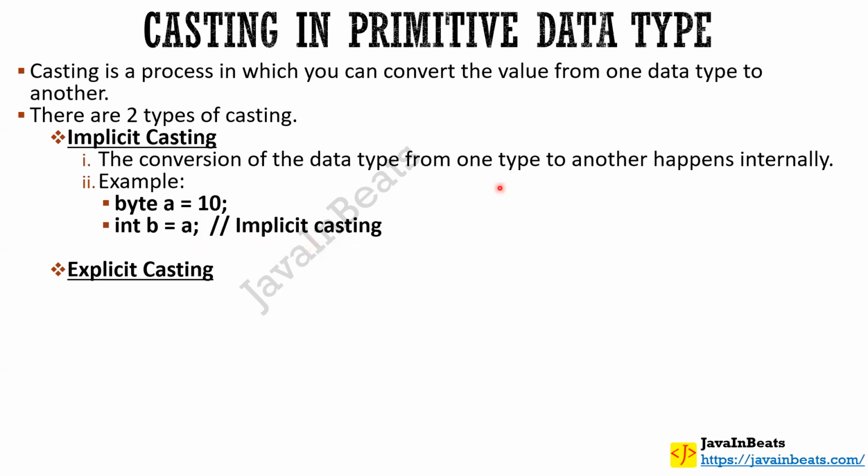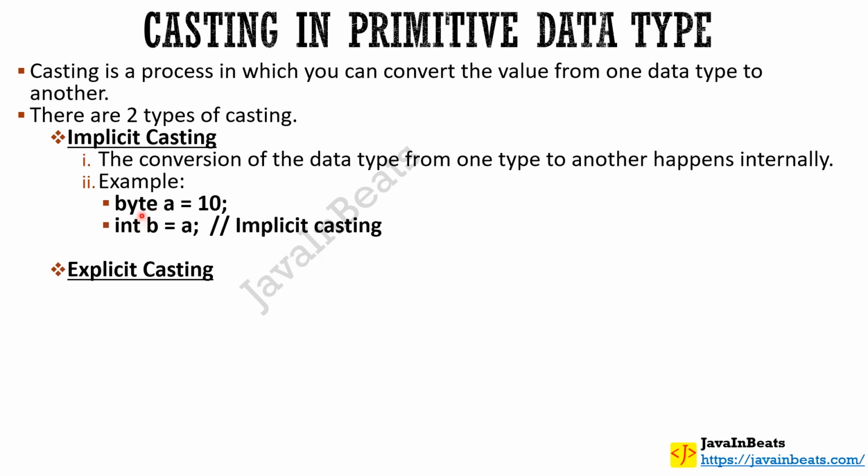But if you want to convert a value of a large data type to a small data type, here I'm considering large and small by their size. So byte is 8 bits and integer is 32 bits.